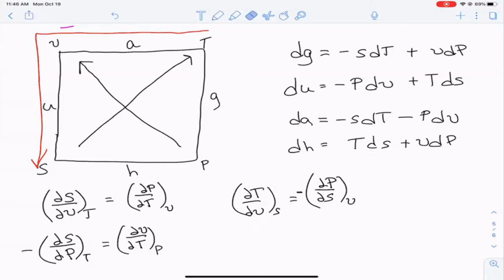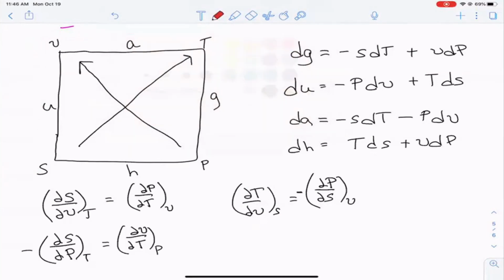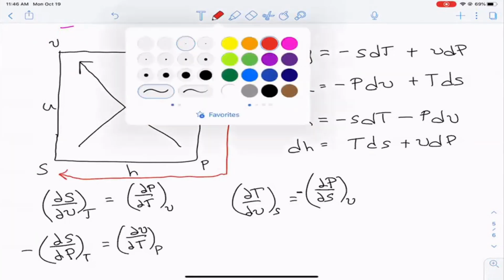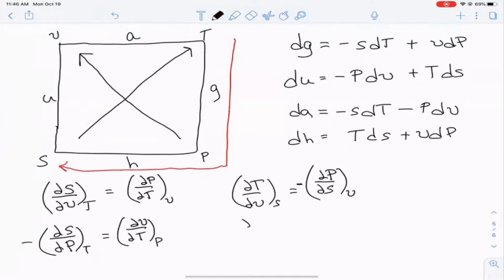Okay. All right, and let's do one last one. And this is obviously not something I expect you to perfect just during our discussion today. So now let's go back this way, the opposite of what we did the second time. And so now I have dT dP at constant S equals d over dS at constant P of the missing corner.